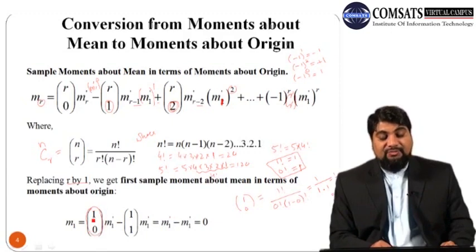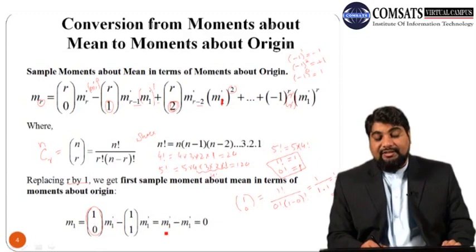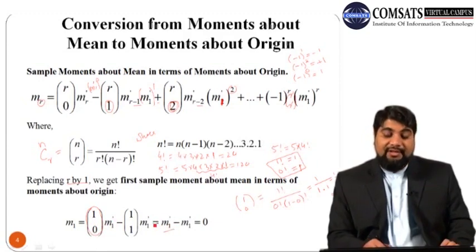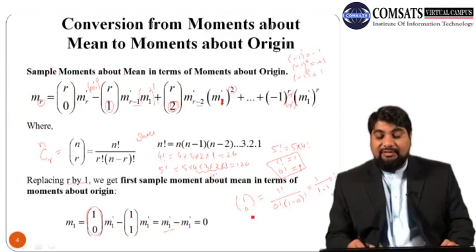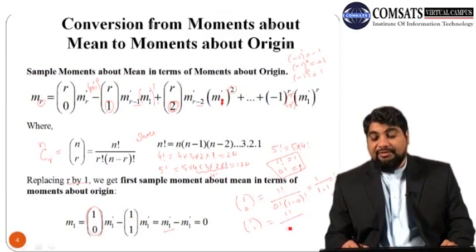So replacing this full expression by 1, 1 multiplied with m1 dash, we get this m1 dash here. And then put the negative sign as it is, 1C1. In order to calculate this 1C1, again use the same formula. It will be 1 factorial over 1 factorial into 1 minus 1 whole factorial.